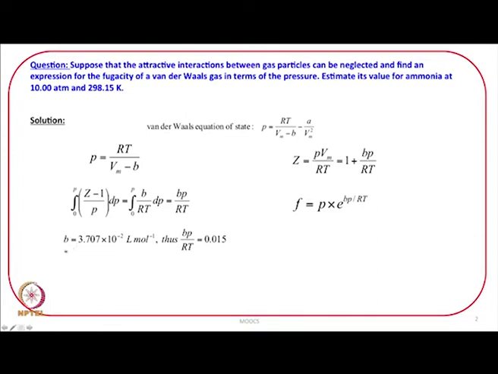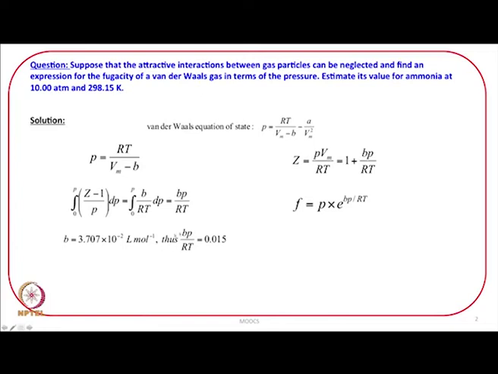The value of b is 3.707 into 10 raised to the power minus 2 liter per mole, and when you substitute in bP over RT, R and T in suitable units, because if you are putting pressure in atmosphere, then it is better to use R in liter atmosphere per Kelvin per mole.